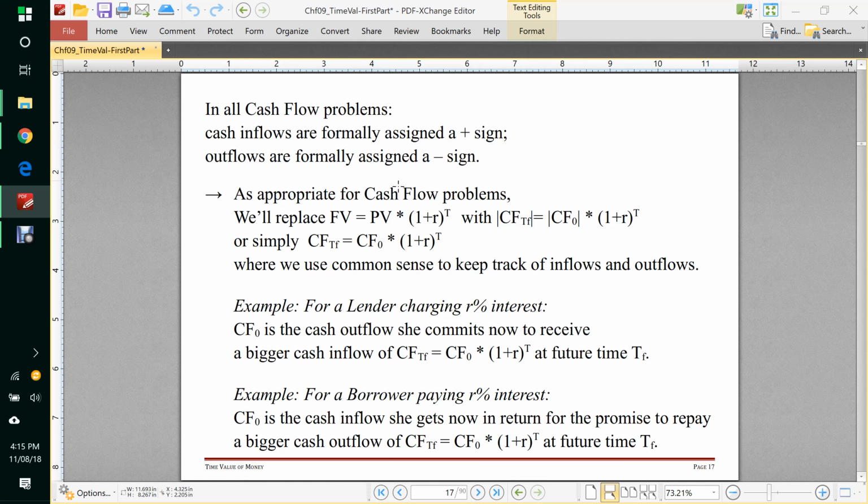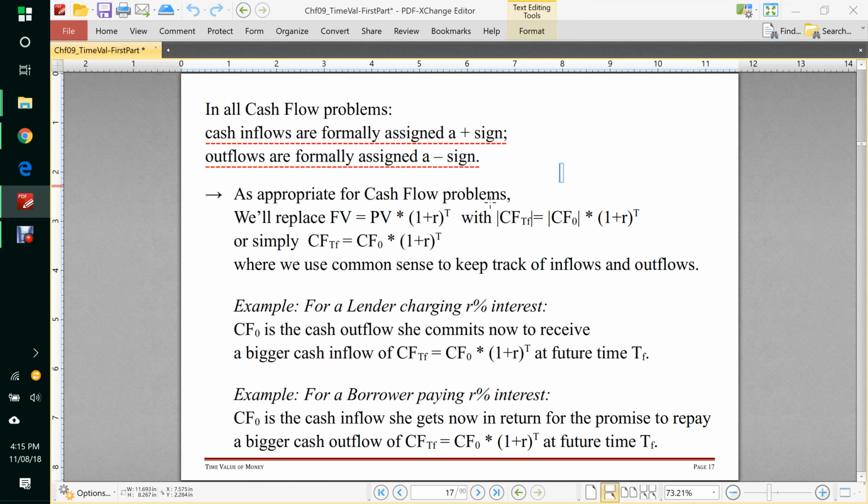All right, so in cash flow problems, cash inflows are always assigned a plus sign, and cash outflows are always assigned a negative sign. We'll keep that in our back pocket.